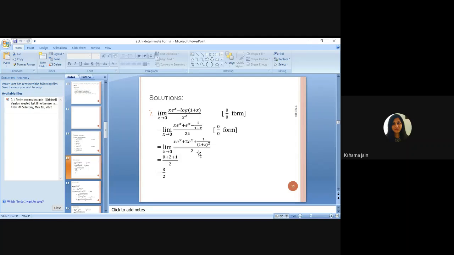Only 2 is there. Now if you put the limit x tends to 0, you will definitely get a finite value. So putting 0: 2e^0 means 2 only, plus 1 by (1 plus 0) whole square is 1, divided by 2. So ultimately 3 by 2 is the value. That's it. This is the question.